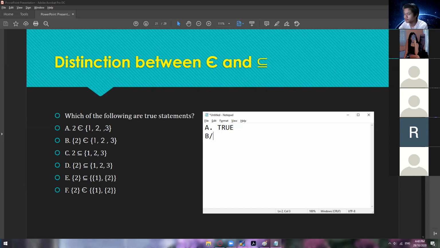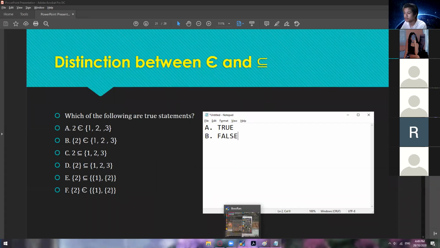How about letter B? False. Okay, so letter B is false since this is an element, still an element, but we cannot find that element inside of this set.